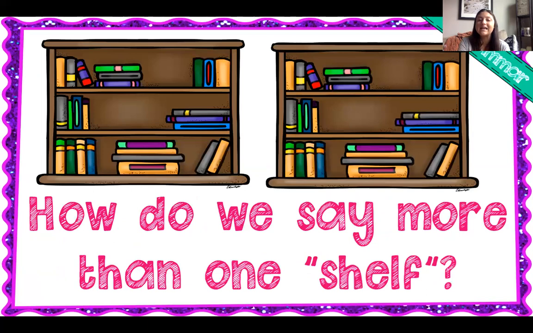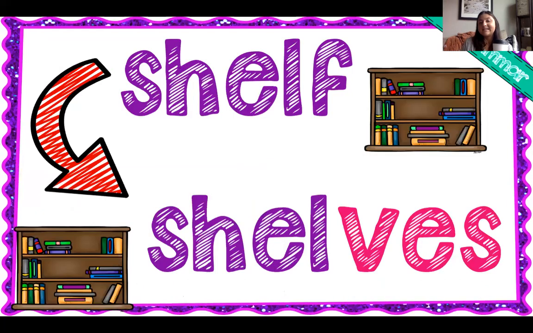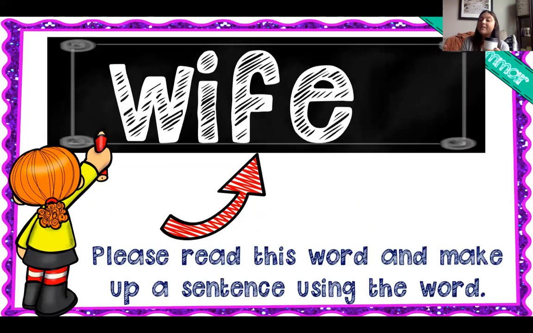Now, how do I say that I have more than one shelf? I have shelves. All right, so I have 3 bookshelves in my classroom. Listen to that sound, shelves. For this rule, what happens is I take off the F and I have to add VES. Shelves.